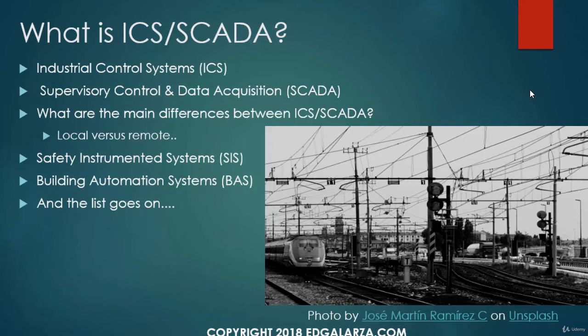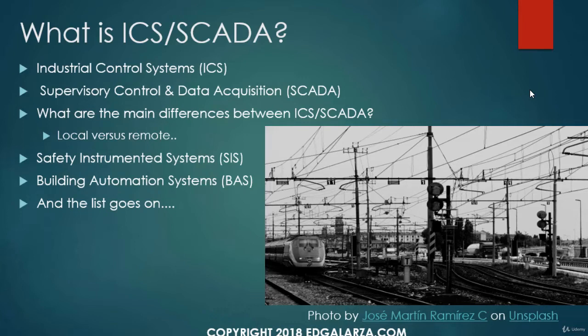Let's give the electric power grid as an example. That's where my background comes from. So you have an energy control center. And at that control center, you will use SCADA software and hardware to monitor and control an industrial process that could be miles and miles away from that control center.